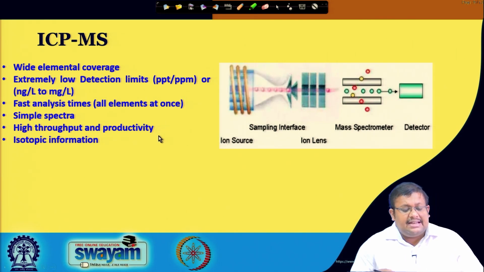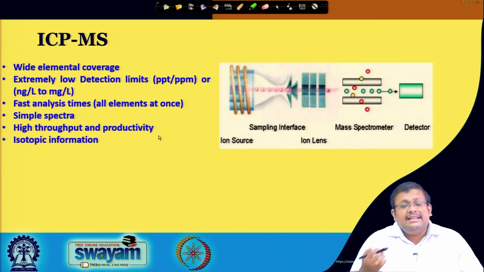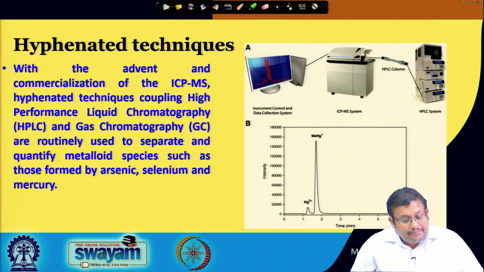It has fast analysis time, all elements at once, simple spectra, high throughput and productivity. It can measure a wide range of elements in a single go, and it can give you isotopic information also. So, these are the benefits of using the ICP-MS.